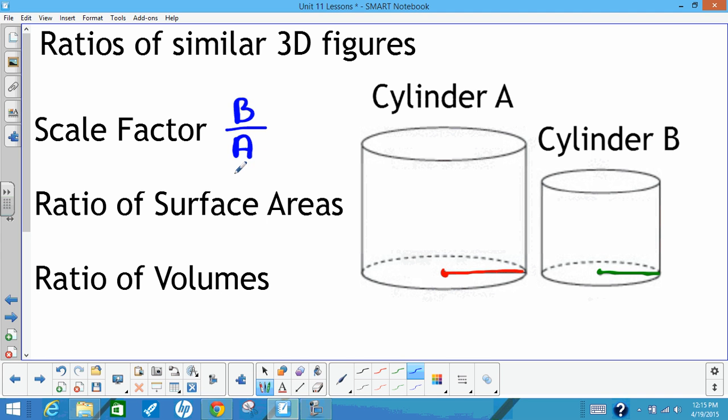If we have some other 3D figure, we can say the length of B over the length of A, or the width over the width. It's just going to be those similar dimensions written as a fraction. So if we want to find the ratio of surface areas, we'll take whatever the scale factor simplifies to, and we can square both of those numbers.